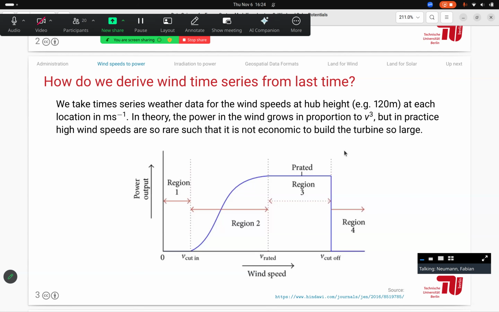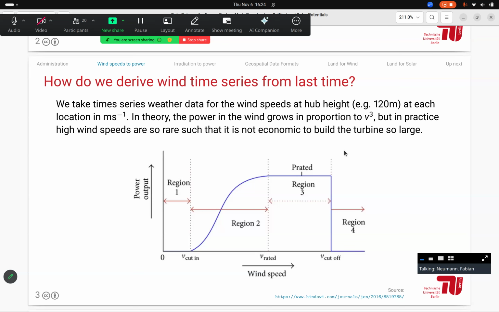What wind speeds are mapped here? It's always the wind speeds at the hub height. So it's not wind speeds observed at 2 meters above ground, but maybe at 100 or 110 or 120 meters, depending on how high your wind turbine is. The central point of the three blades. And then there are basically four regions.